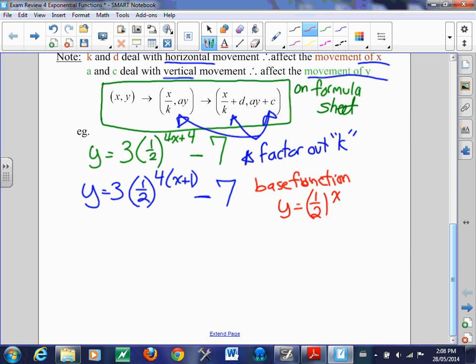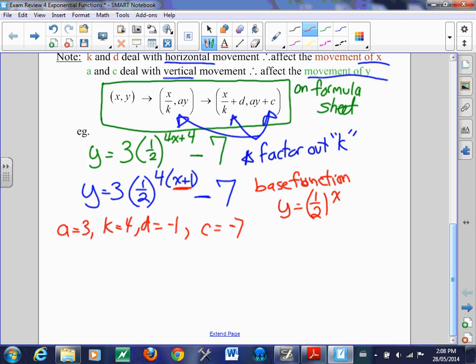Okay, and then we can identify from our equation that A equals 3, K equals 4, D equals -1 because remember it's x minus D up here, so it becomes negative. I'm going to fix that up so it looks better. Okay, and C equals -7.